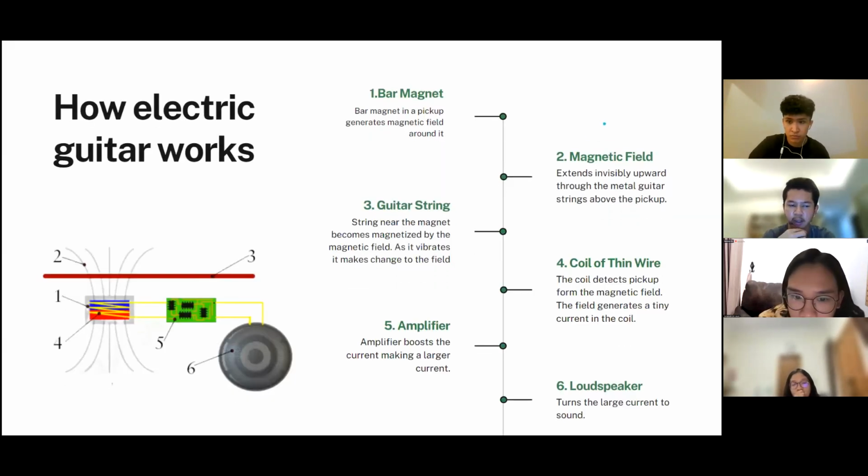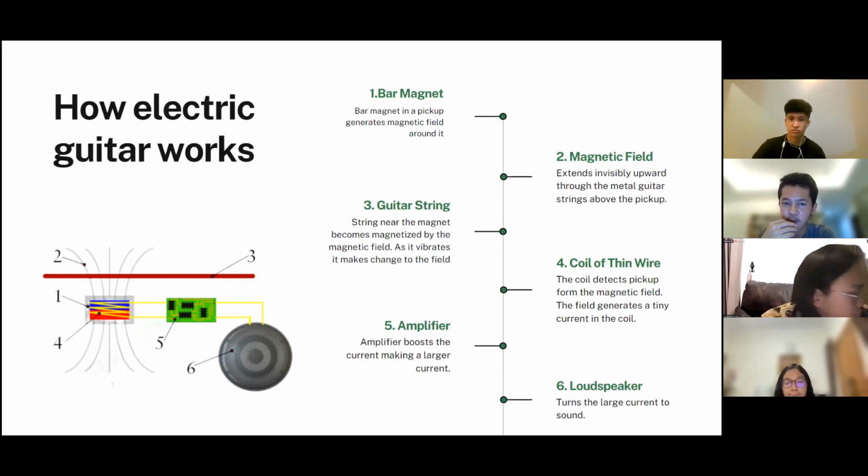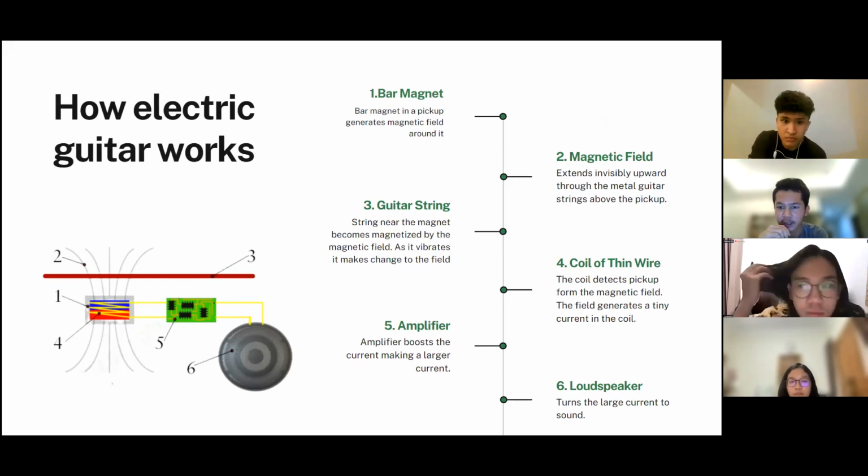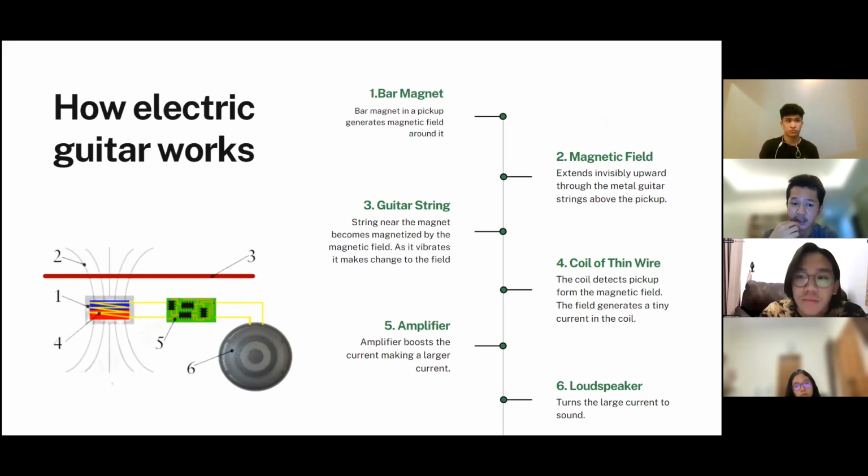To explain more about how an electric guitar works, the first part is the bar magnet. The bar magnet in the pickup generates a magnetic field around it. The magnetic field extends invisibly upward or downward to the metal guitar strings above the pickup. If you play the string near the magnet, it becomes magnetized by the magnetic field, and as it vibrates it makes changes to the field, which the coil in the pickup detects.